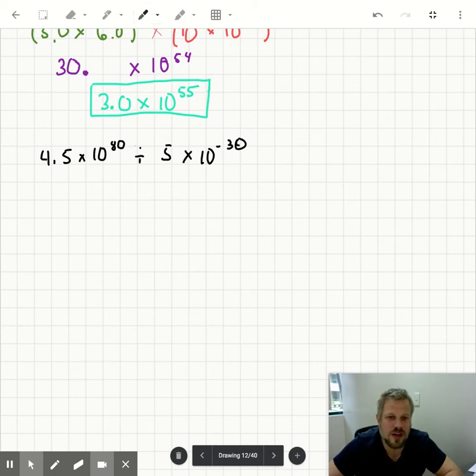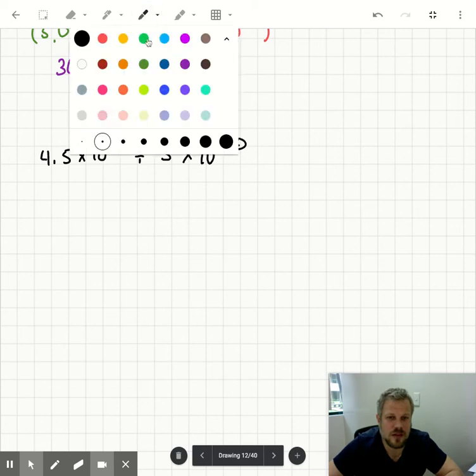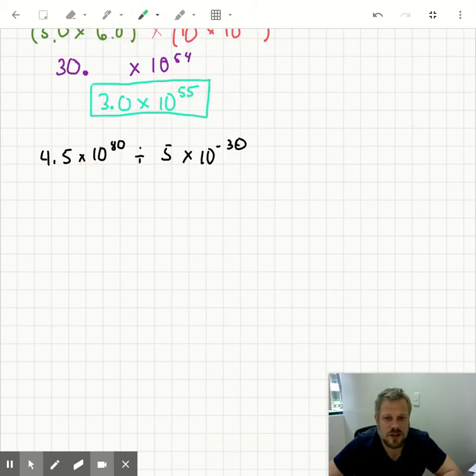and then I'm going to divide the base 10s separately. Okay, so let's do that. So I'm going to have here 4.5 divided by 5, right?